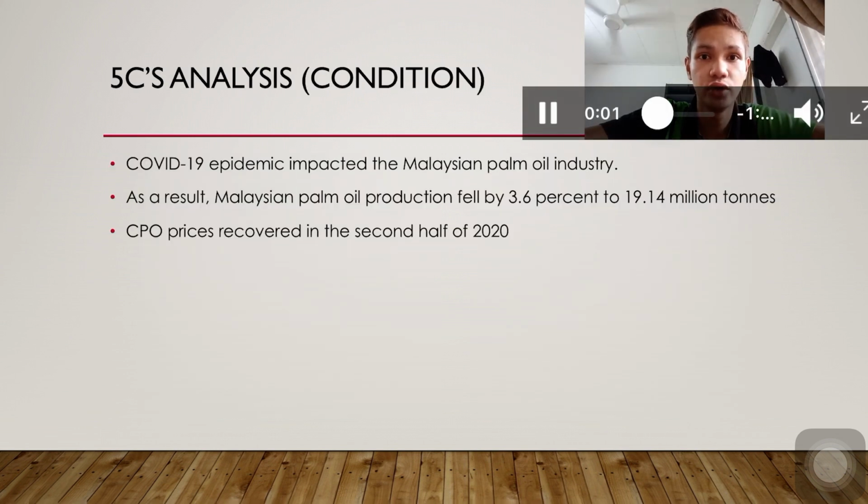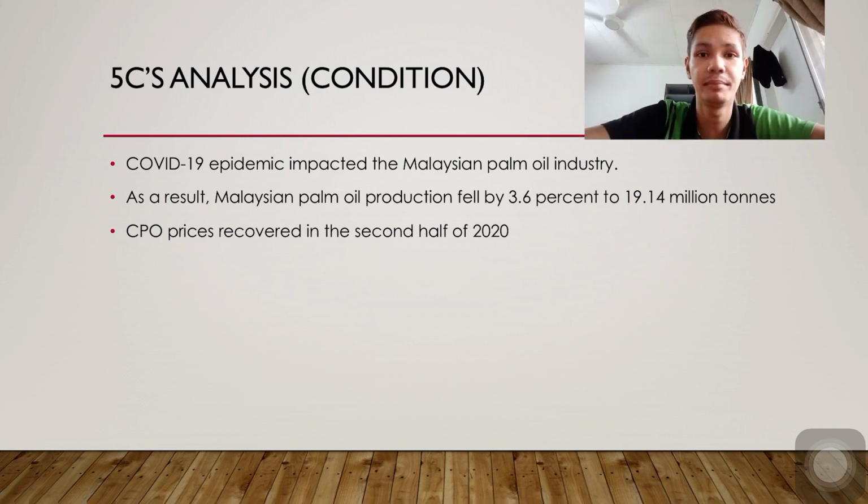Now moving on to the last part of my presentation, which is the 5C analysis, and my part is the condition. So in 2020, the COVID-19 epidemic impacted the Malaysian palm oil industry. Various movement limitations occurred, affecting labor availability as well as the harvesting process activities for Hub Sing Consolidated.